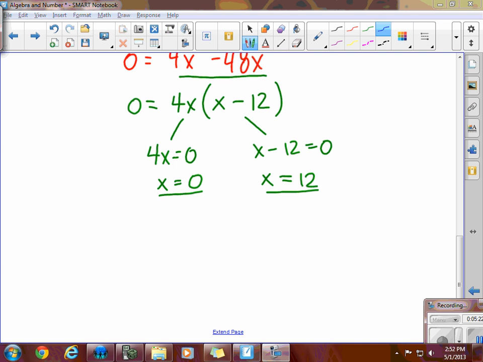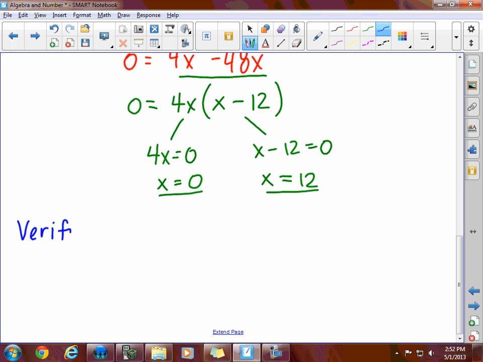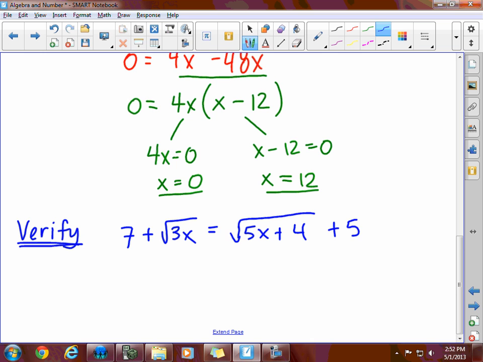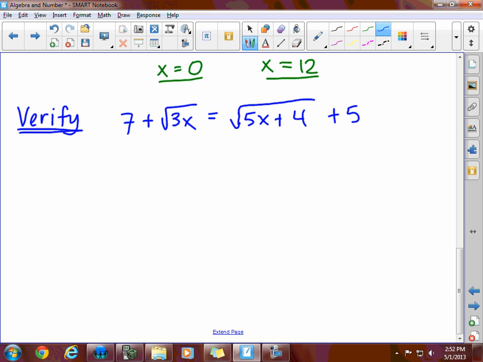So in order to verify, we always verify back in the original equation that was given to us in the question. So the original equation was 7 plus the square root of 3x equals the square root of 5x plus 4 plus 5. So now I have to do two verifications, one where x is 0 and one where x is 12.